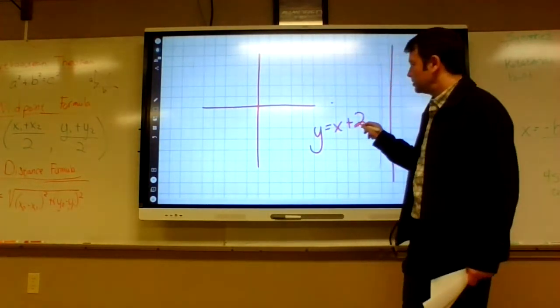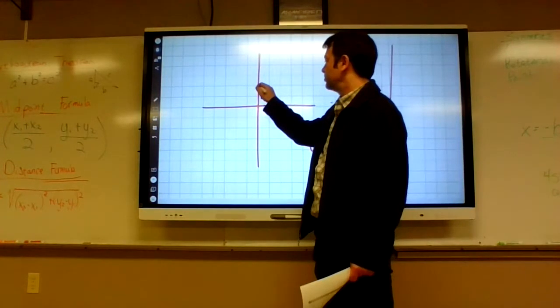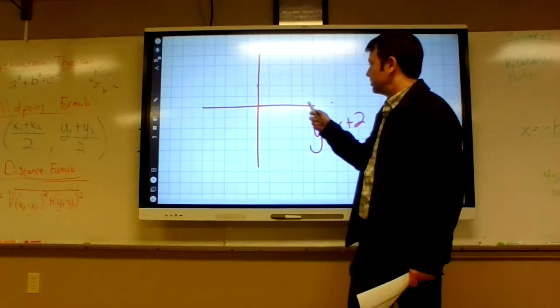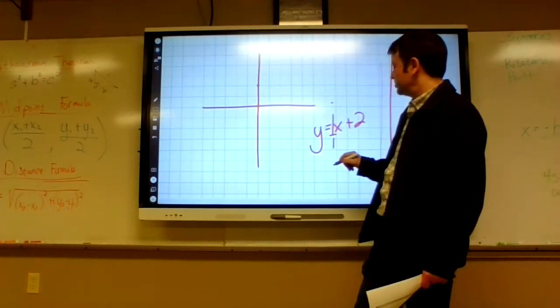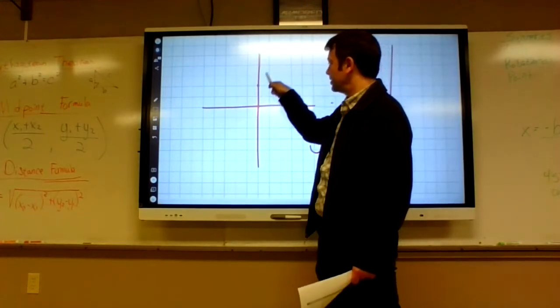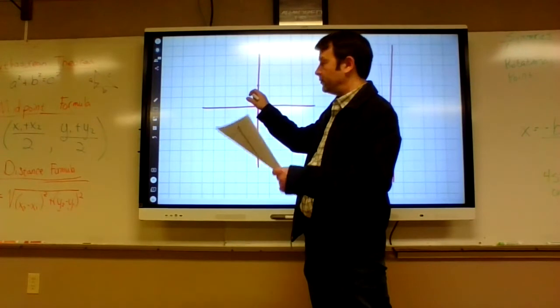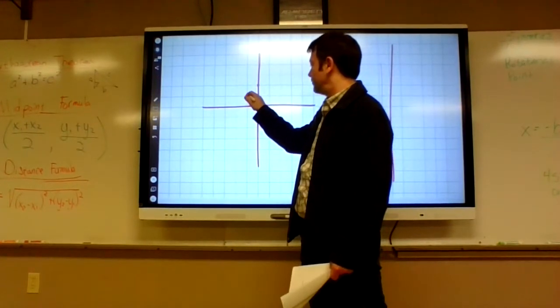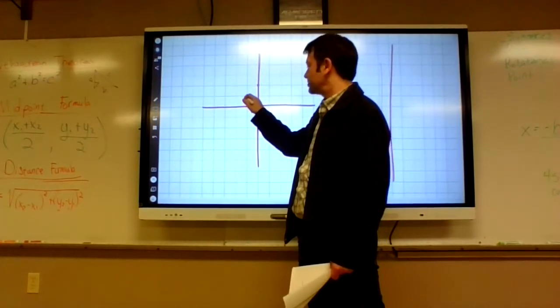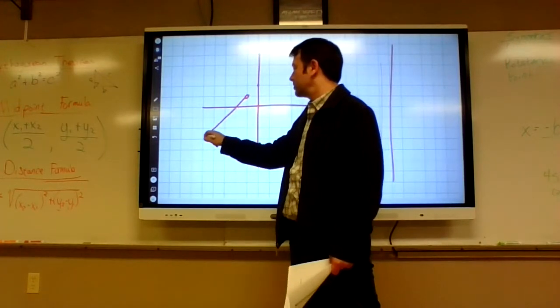Starts at 2 and goes up and over 1. The slope is 1 over 1, so it goes like this. Negative 1 is not included, so at negative 1, that's where it's actually going to start. So it's going to look like that.